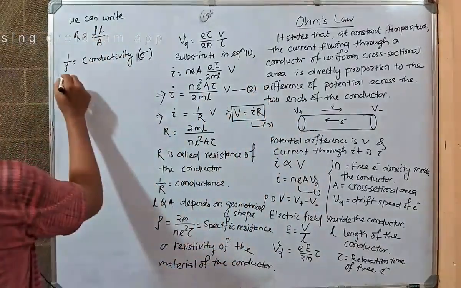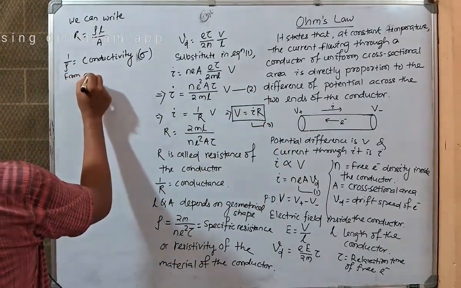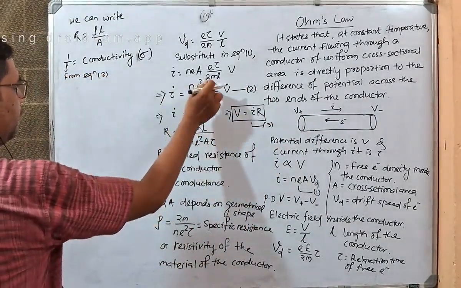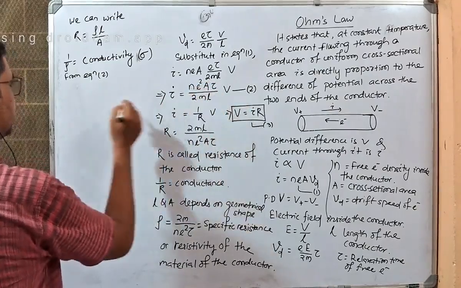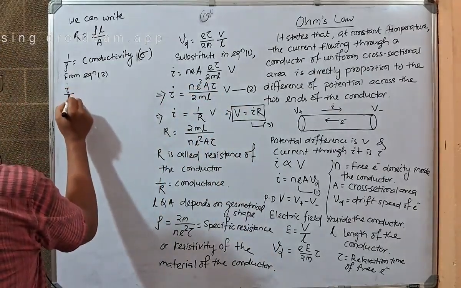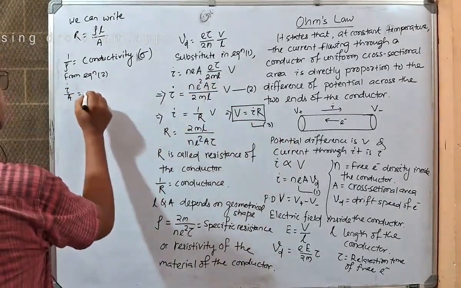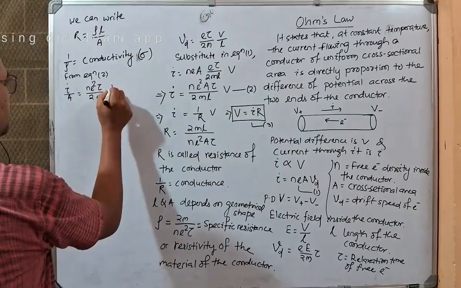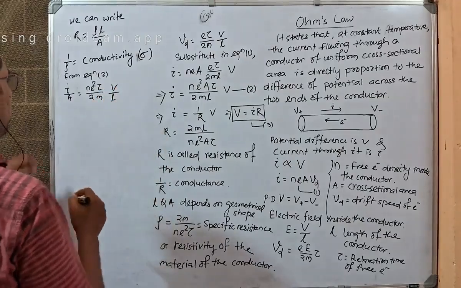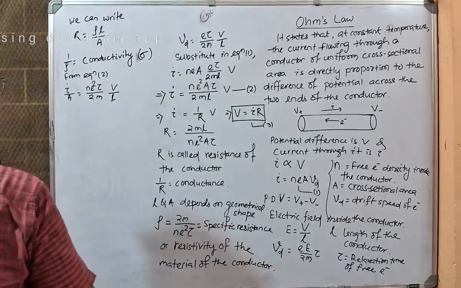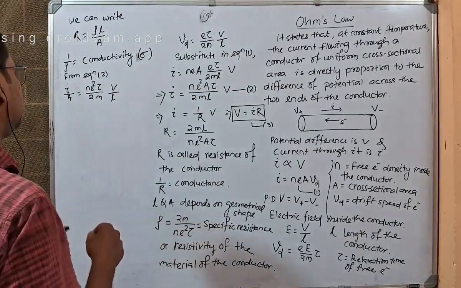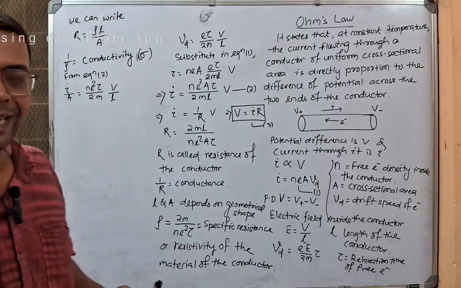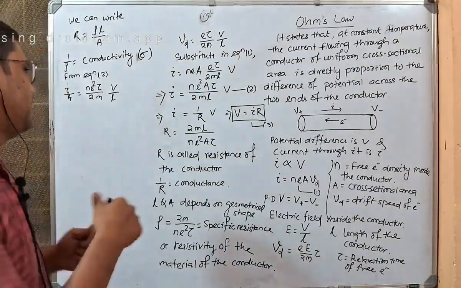From equation 2, we divide both sides by A. So I by A equals n e square tau by 2m times V by L. What is I by A? Current per unit area, current density.